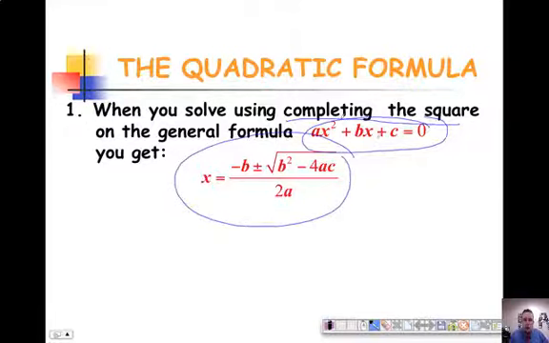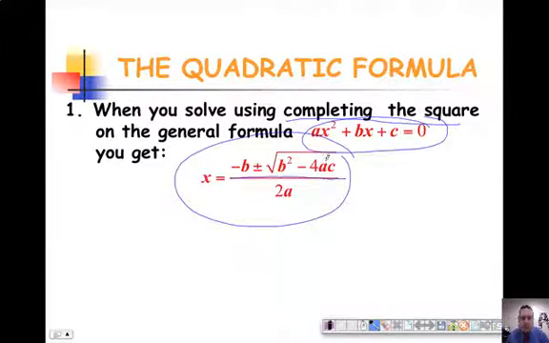So you guys should know x is equal to negative b plus or minus square root of b squared minus 4ac, all over 2a. Alright? So, memorize this if you haven't already memorized it.